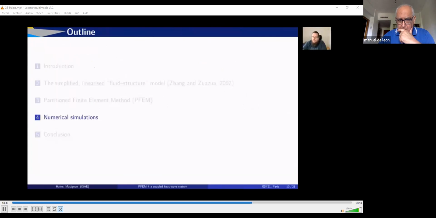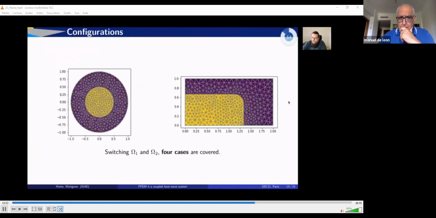Now we perform some simulations to check if indeed we recover the decay rate proved by Zhang and Zuazua. So we consider these two domains.